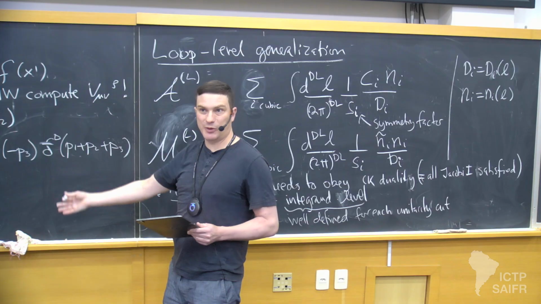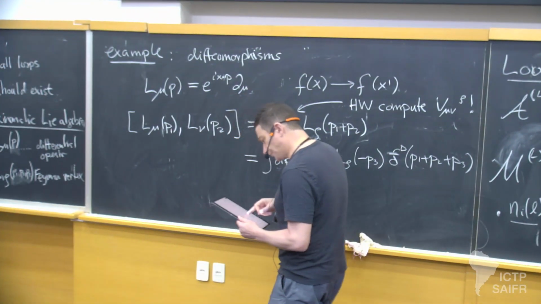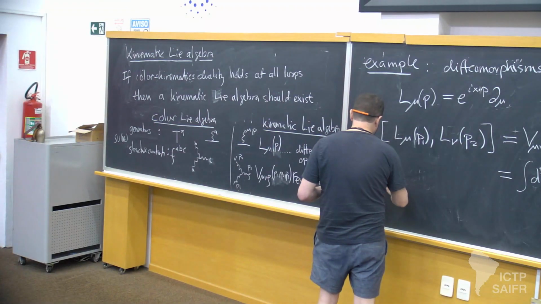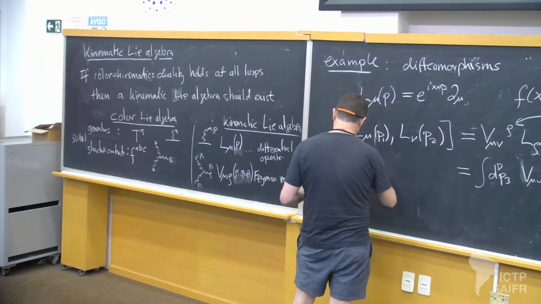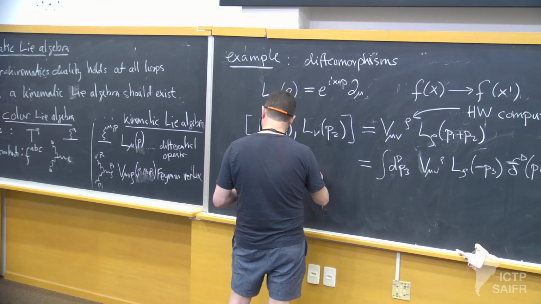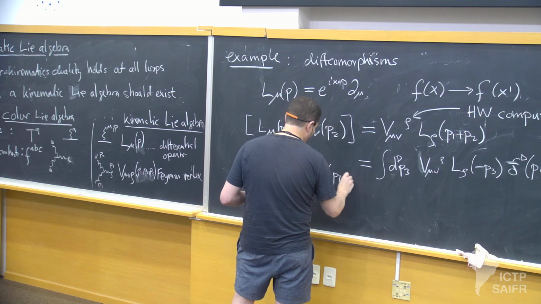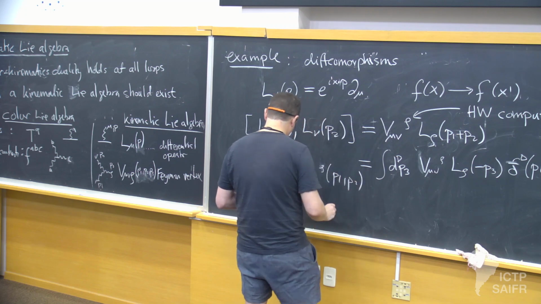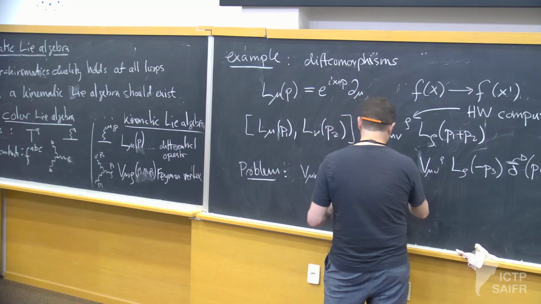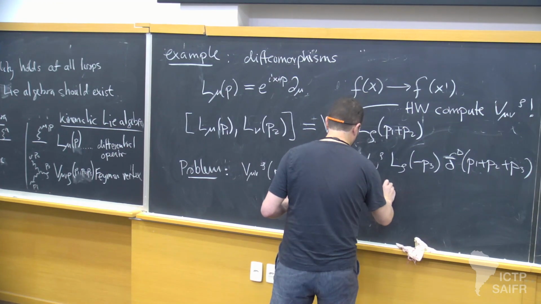The Lagrangian should have permutation symmetry when you work out the Feynman rules. So the problem here: V mu nu rho, which depends on P1 and P2, is not totally antisymmetric.